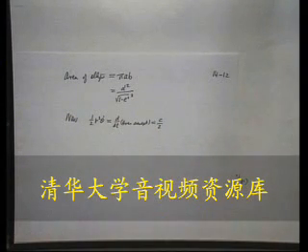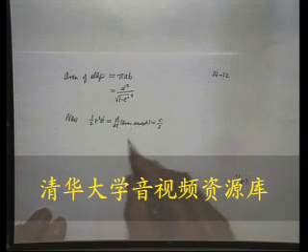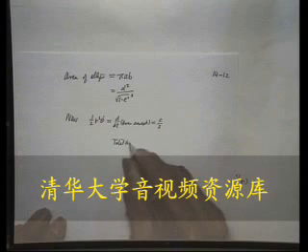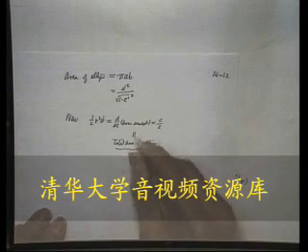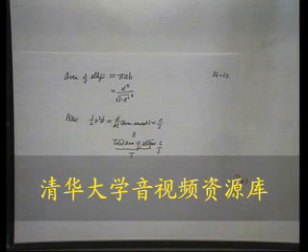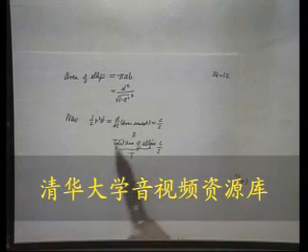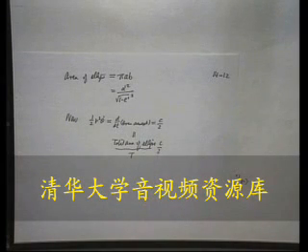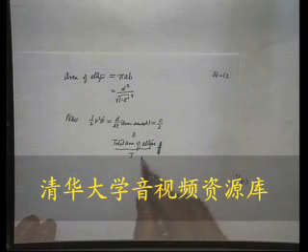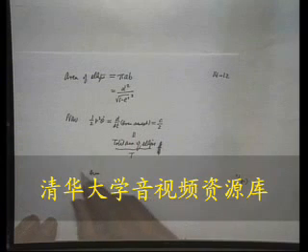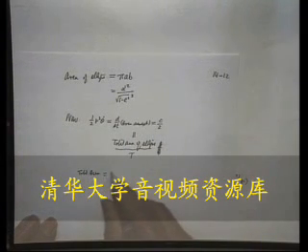So the total area of the ellipse divided by the period equals this, since this is area per unit time. So the total area equals Tc over 2.